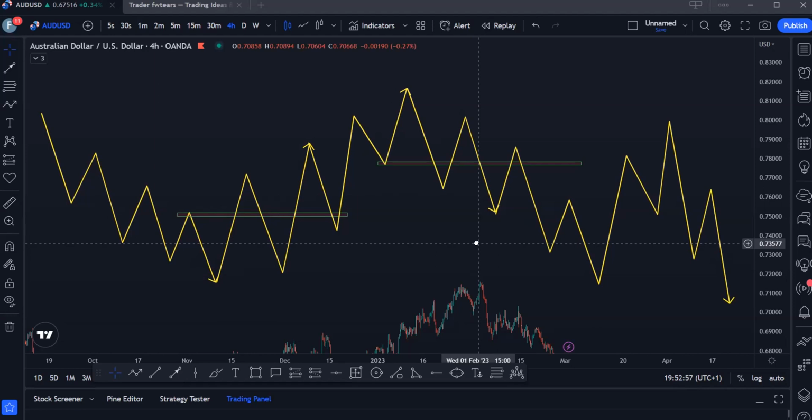Is the market in a bullish momentum, or is the market in a bearish momentum? If the market is in a bullish momentum, you want to be looking for buy opportunity. If market is in a bearish momentum, you are looking for a selling opportunity. It's as simple as that. That is the whole goal of understanding market structure.